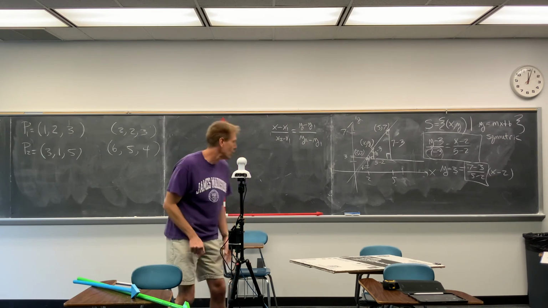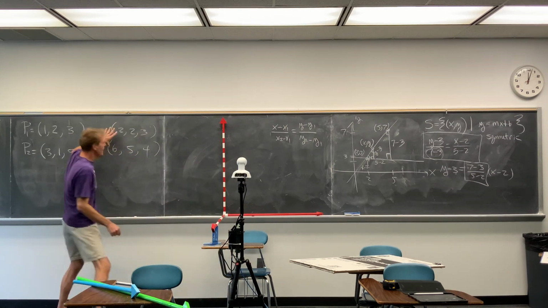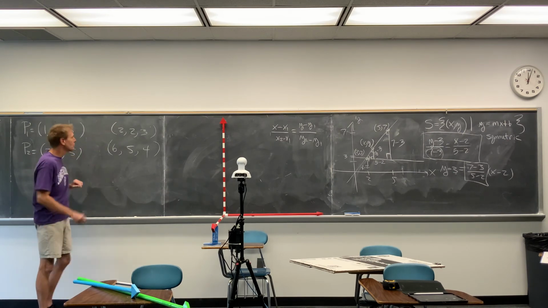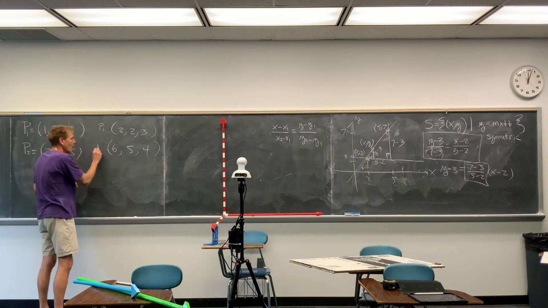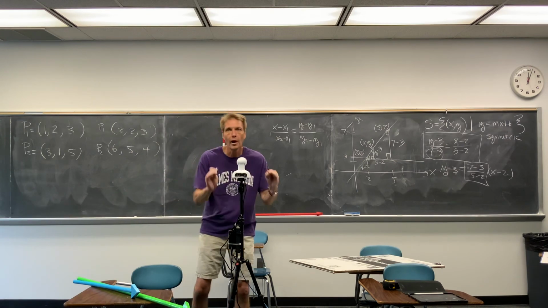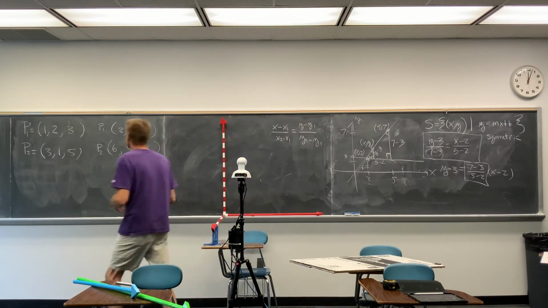If I wanted the equation of the line that would run between Zachary's 2 points, here's my point 1, here's my point 2, this would be the equation of that line.